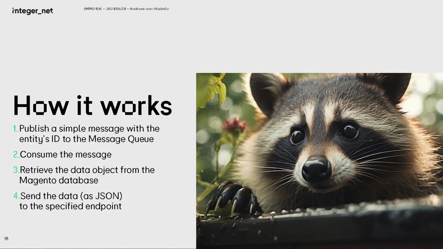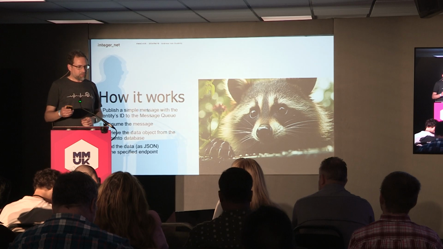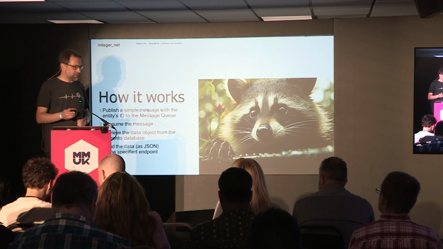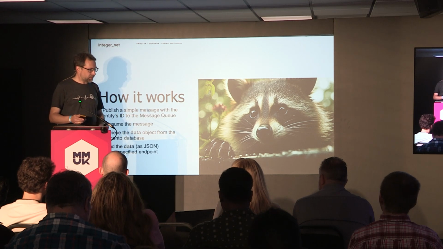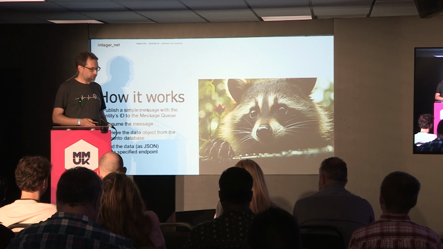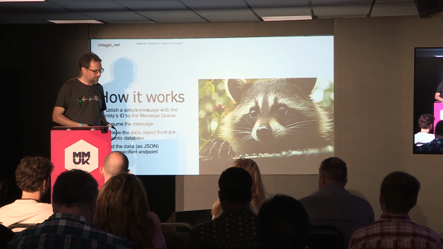In the first step, we are only publishing the name of the event and the ID of the entity. And we are publishing it to the internal message queue, and everything else is done in the second step. So we only have the name of the event and the ID, and everything else comes then.